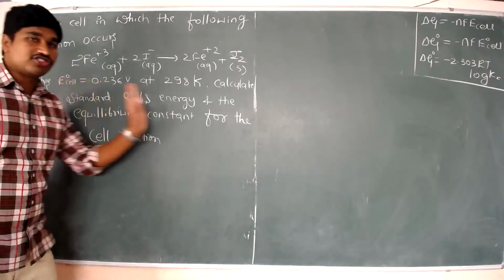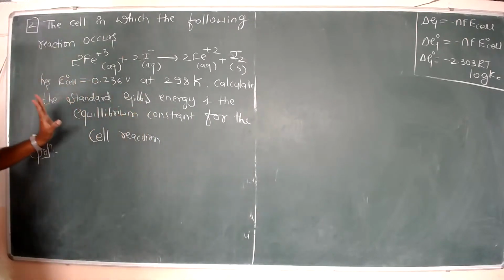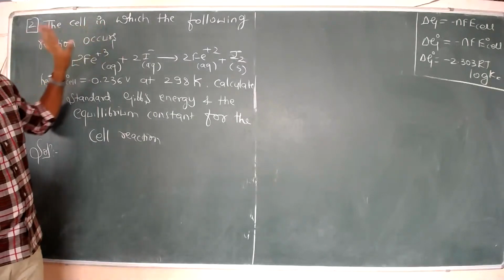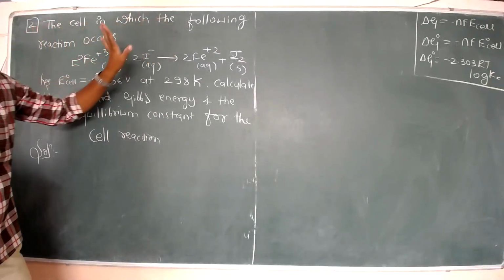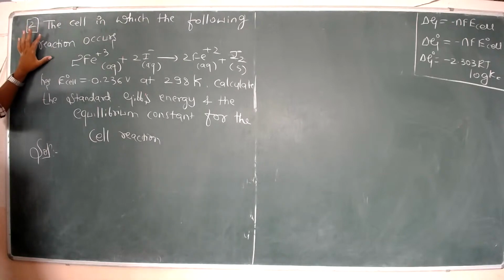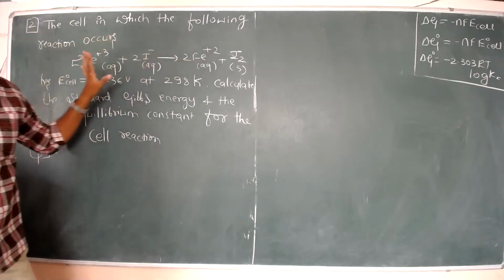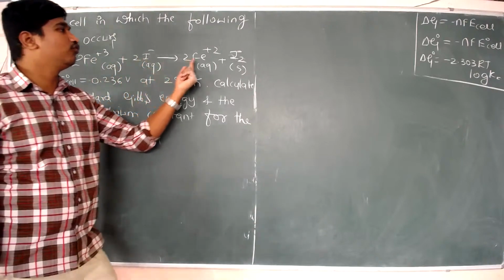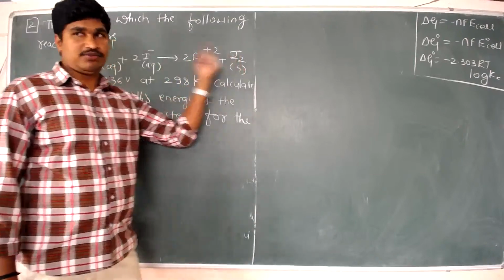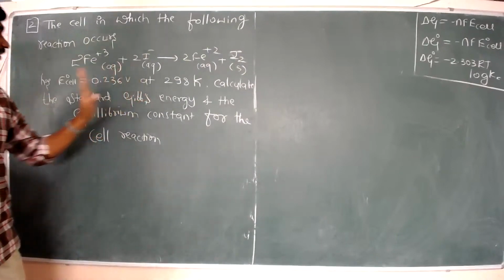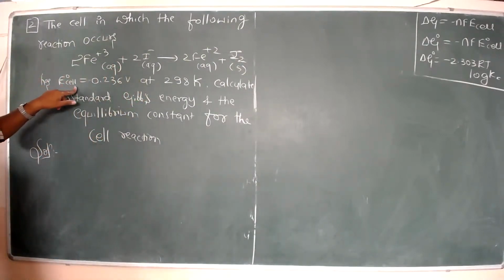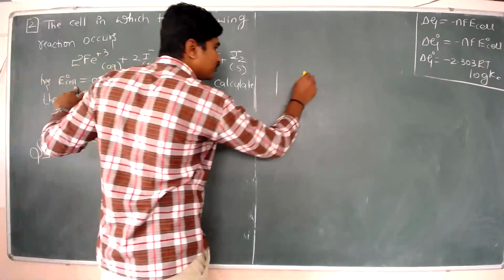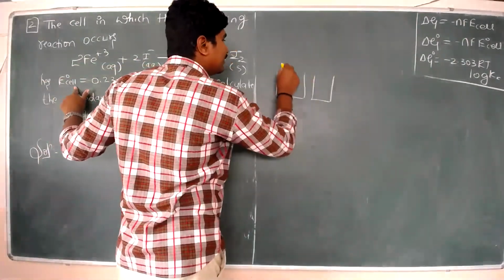Solution. Just try to understand the question properly. Right? What is he asking? In the cell in which the following reaction is taking place. The cell is there in which this reaction is taking place. He has already given the reaction, that is 2 Fe3+ plus 2 I minus gives rise to 2 Fe2+ plus I2. This is the redox reaction taking place in the cell, and he is giving its E naught cell. For example, this is one of the cells, right?